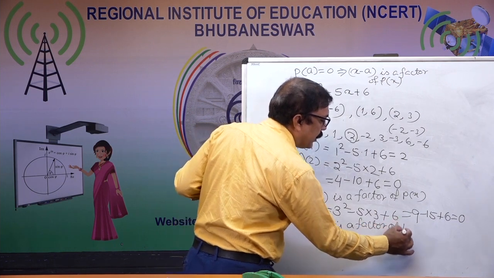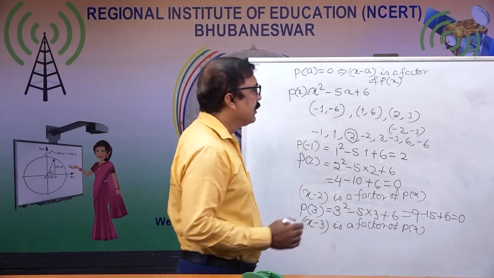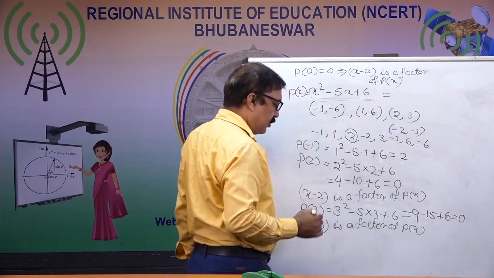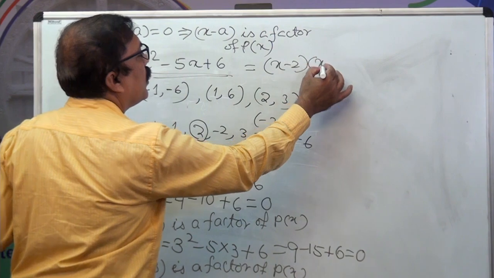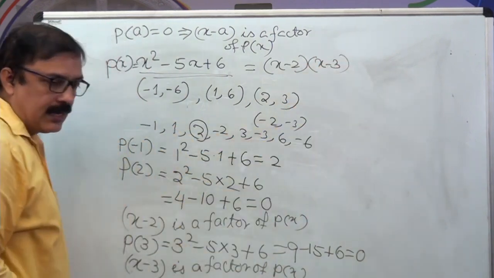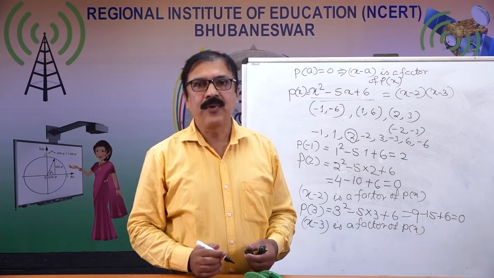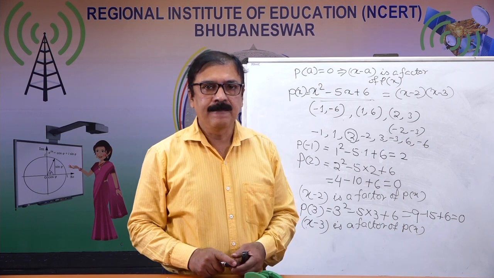of P(x). From this, we can write that x square minus 5x plus 6 is equal to x minus 2 into x minus 3. This is the process in which we use factor theorem to factorize the polynomial.